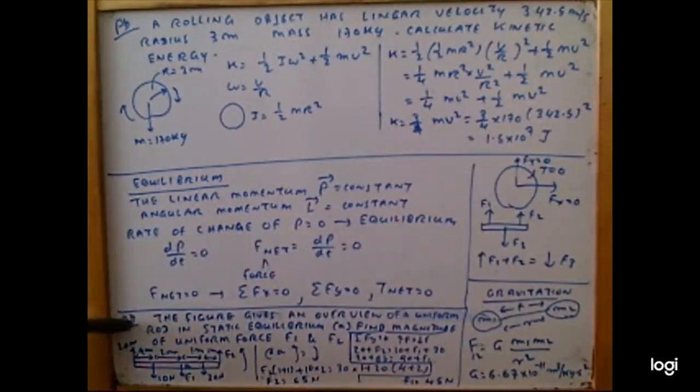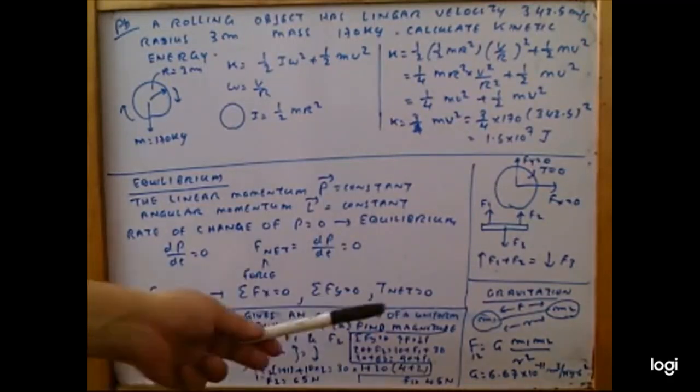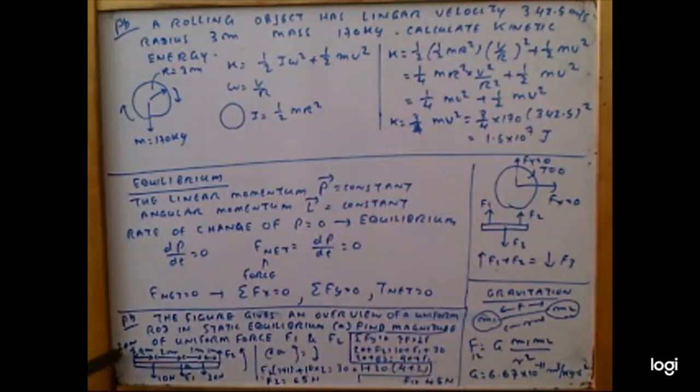In this problem, the figure shows an overview of a uniform rod in static equilibrium under the magnitude of various forces. Here 10 Newton is going down, this is F1 at A, 30 Newton, and this is F2. This is 20 Newton, and the distances are 4 meter, 2 meter, 1 meter, 1 meter. In this case, at A the net torque is 0.